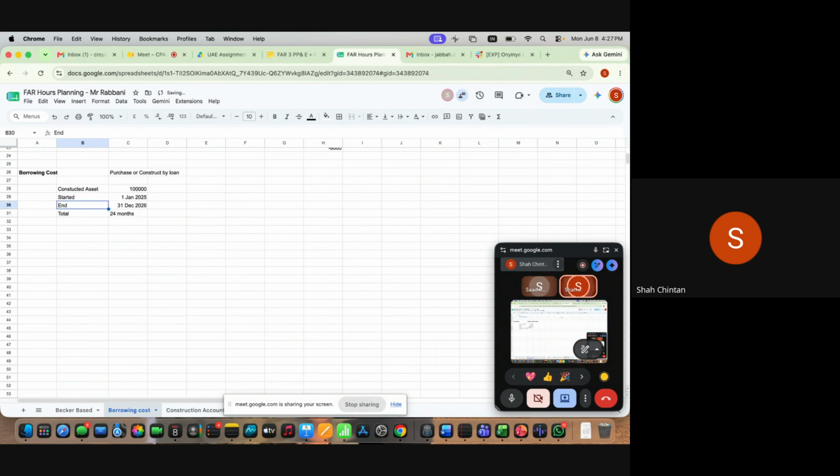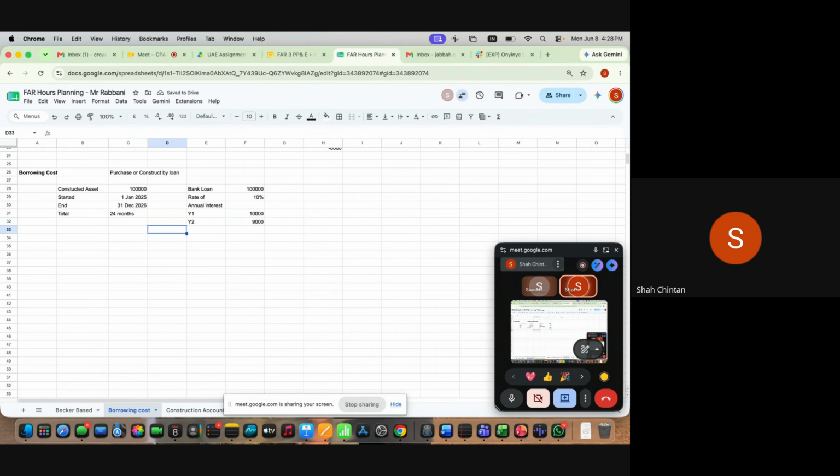And let's say in order to construct this particular asset, you have taken a bank loan. Let's say the bank loan was 1 lakh, taken at a rate of 10%. So let's say your annual interest for year one was $10,000, and year two was $9,000.